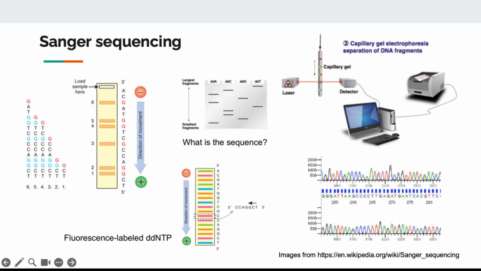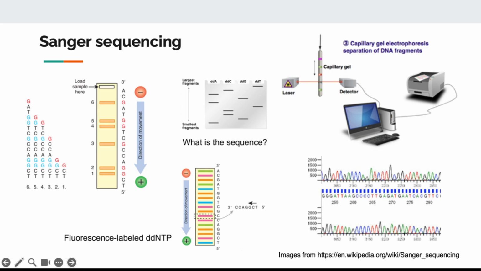From this you can deduce the sequence. The lanes here are A, C, G, and T, in alphabetical order. We know that the smallest product is A. If we assume the smallest product is just a single nucleotide, A would be the first nucleotide of the sequence. Then the next one is G, so the second product would be AG.